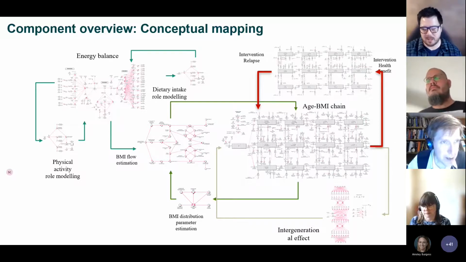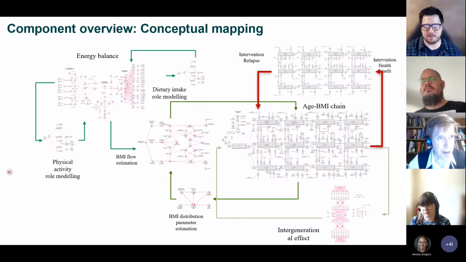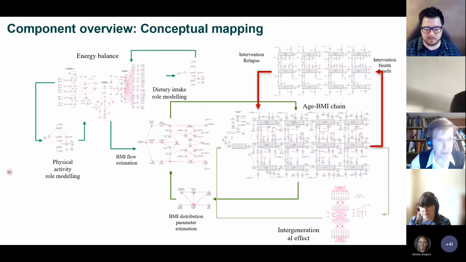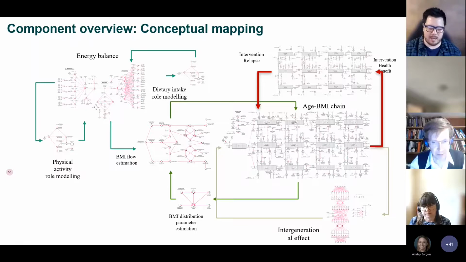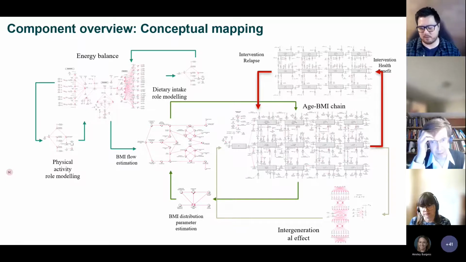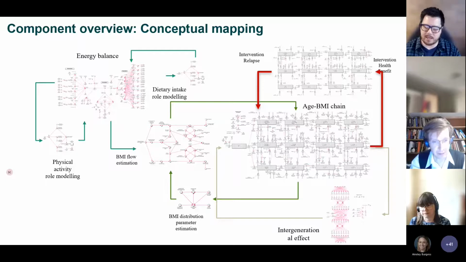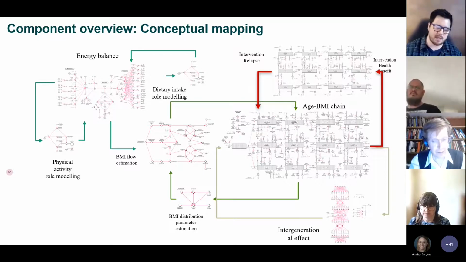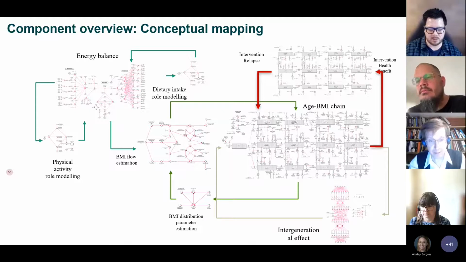So it's much too small to see the individual detail, but the main structure of the model is this aging BMI chain, where individuals or the population are initiated in these stocks, in these buckets of people that we have categorized as the different BMI categories. And then as the model runs, they age out of those buckets into the next age group we've considered, and based on an energy balance structure of the model, they can move up and down the BMI structure.